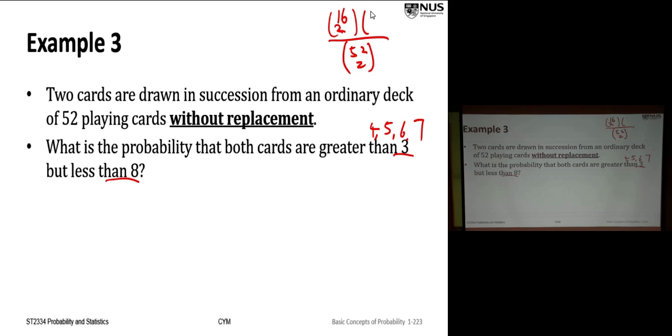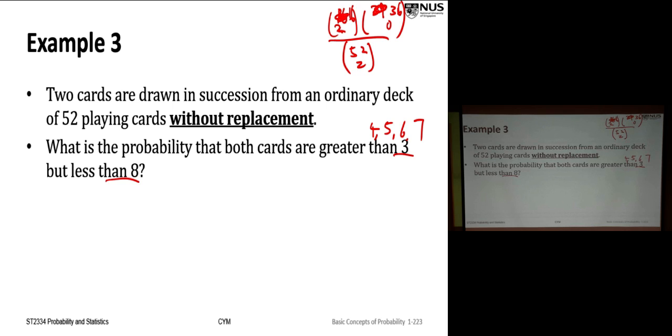And then the remaining is 52 minus 16, which is 36. 4 times 9, there are 9 remaining ranks. So we choose 0 from them. All right, so that's one way to do it.